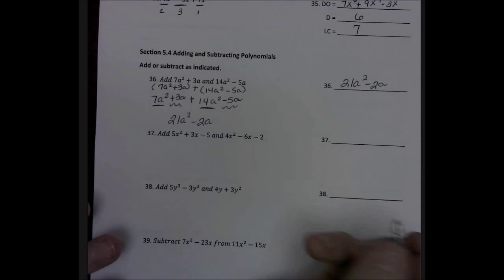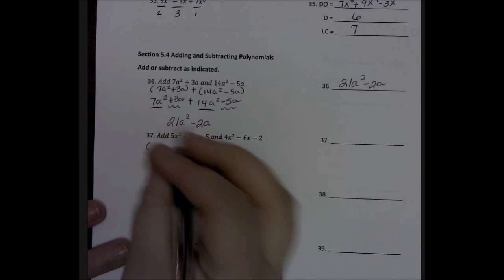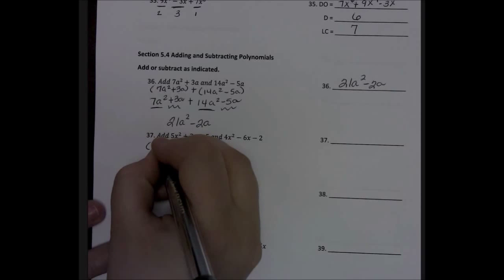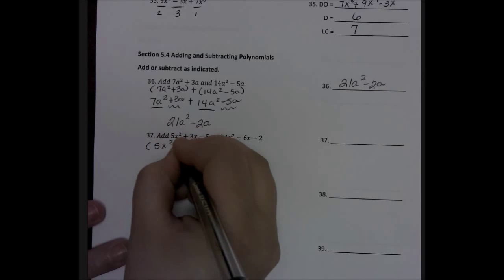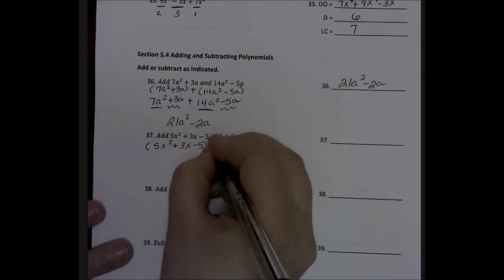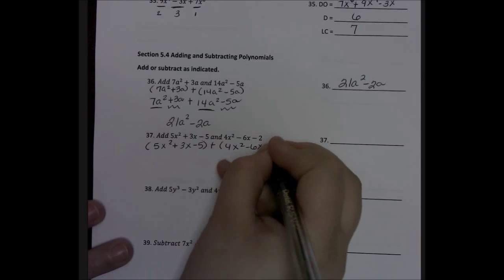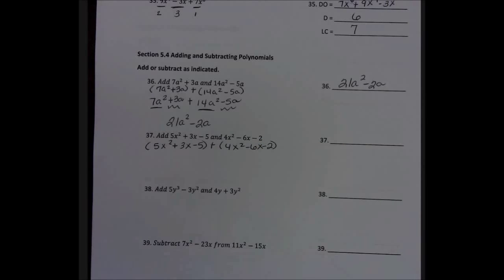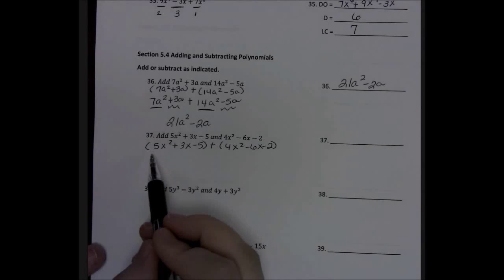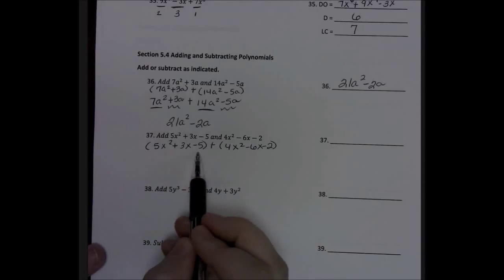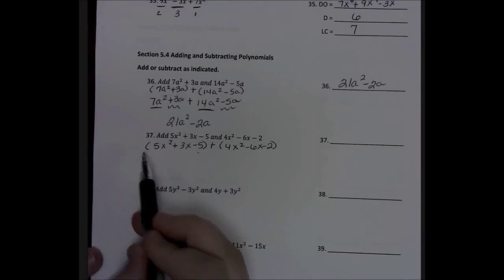Now, same thing for 37. I'm going to write it in my parentheses form. And then I have to ask myself those two questions again. Can I combine any of the terms inside of that set of parentheses? No. Is there anything multiplying out in front?